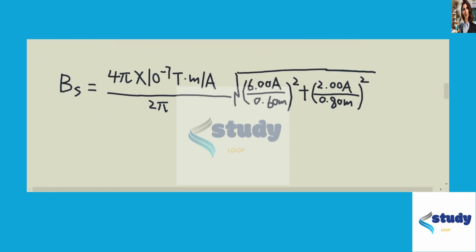And this will give us the magnetic field at point S of about 2.06 times 10 to the power of negative 6 Tesla.